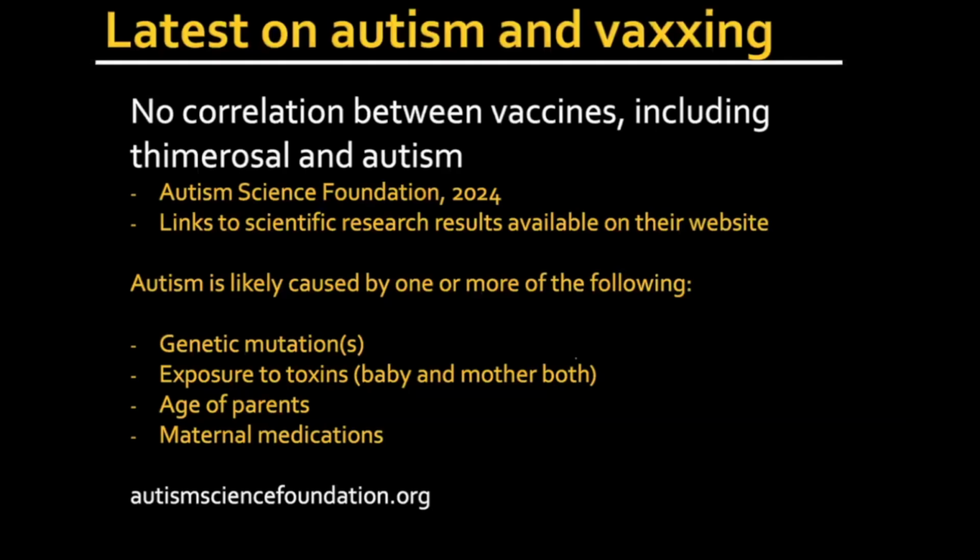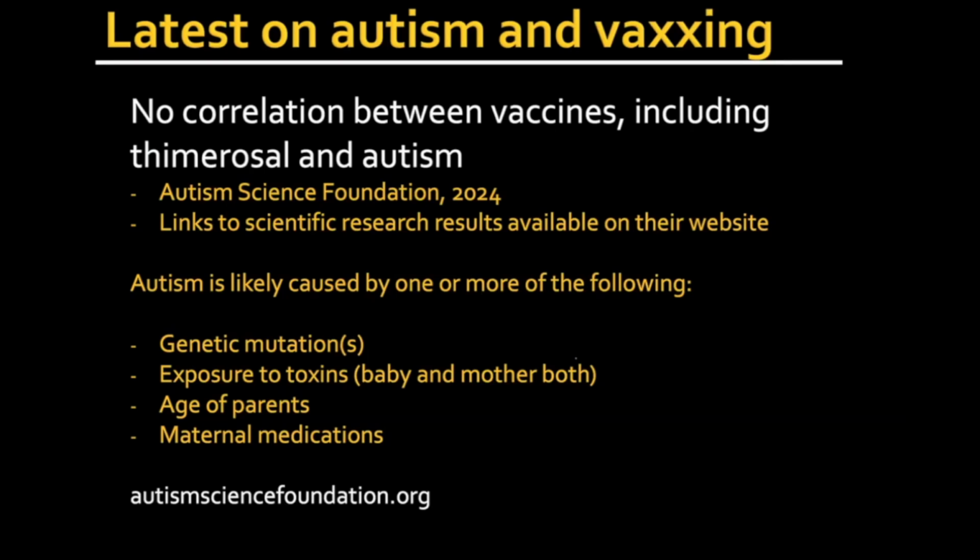Do we know 100%? No. Do we know 100% what causes SIDS? No. But we know more than we used to know. And the reading I was doing showed that autism can be caused by one or more of the following.